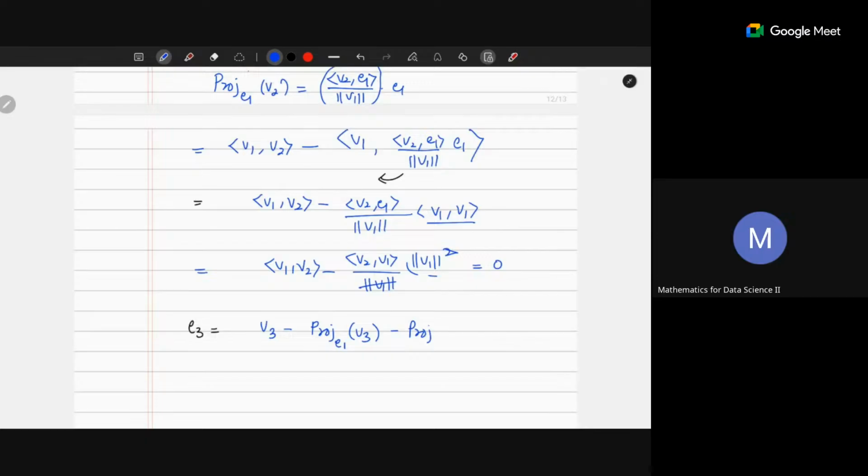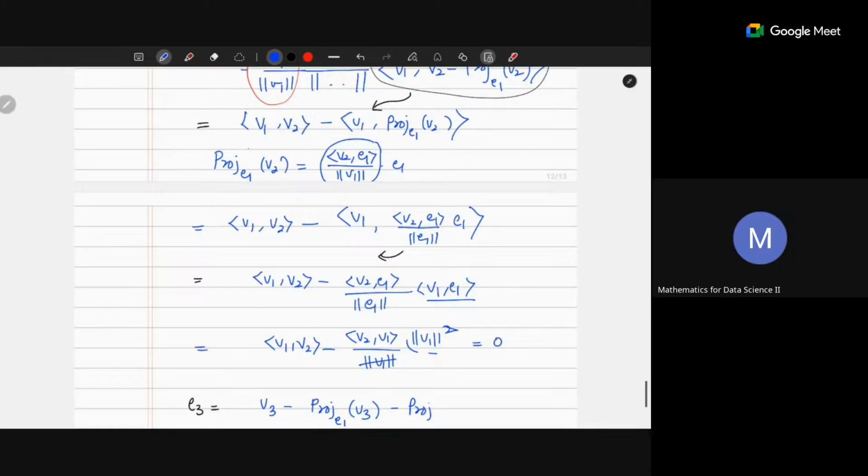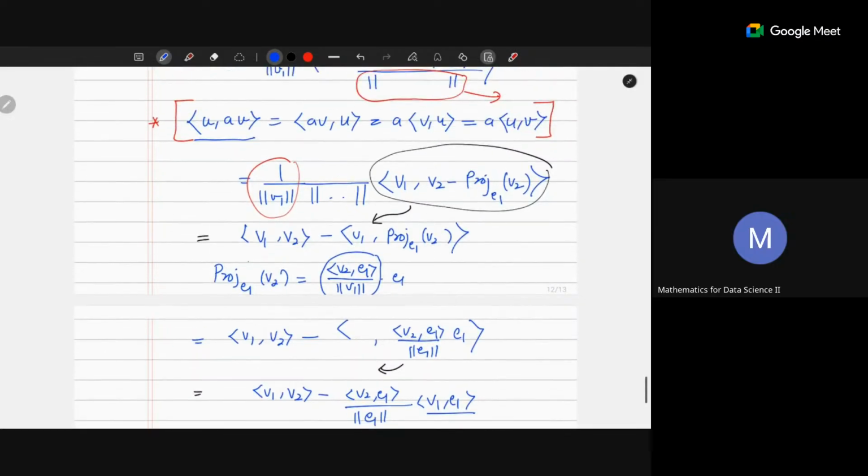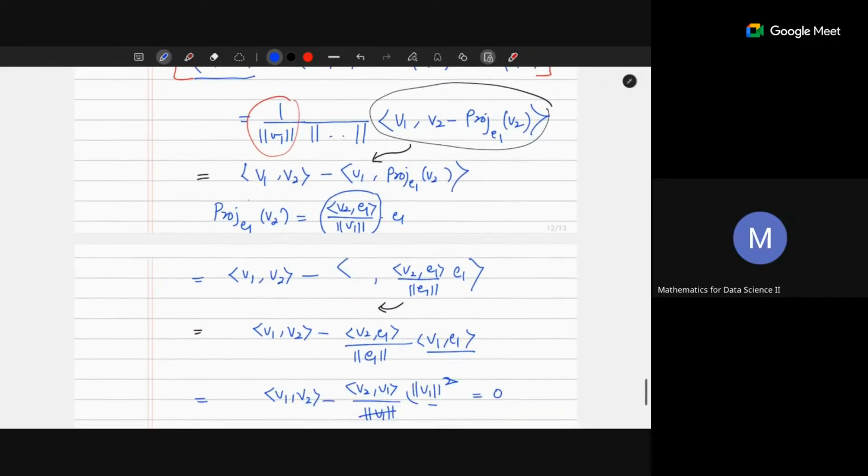Precisely, E1 is V1 by its norm. So I will get projection E1 below and here as well.